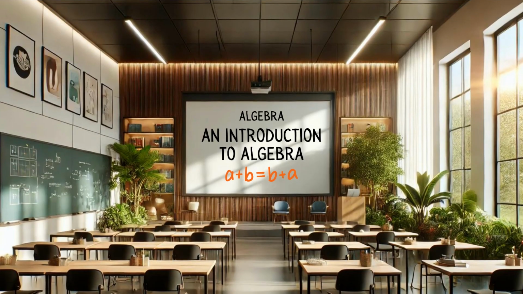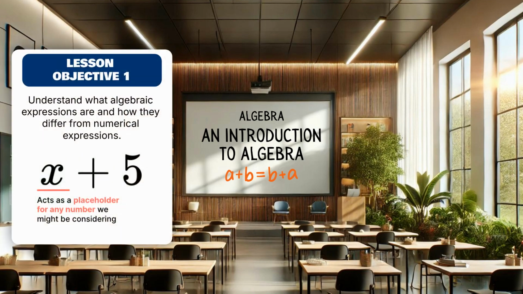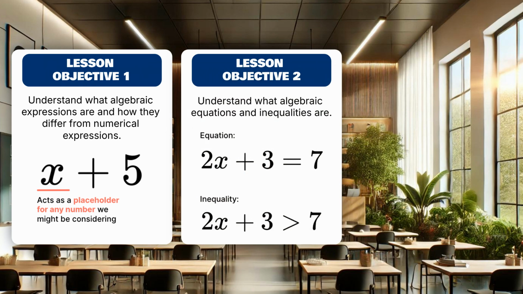In today's lesson, we began by discussing algebraic expressions, which are mathematical phrases that include numbers, variables, and operation symbols. These allow us to generalize numbers and operations by using variables to represent unknown values. Next, we explored equations and inequalities. We learned that an equation is a statement showing two algebraic expressions are equal using the equal sign.